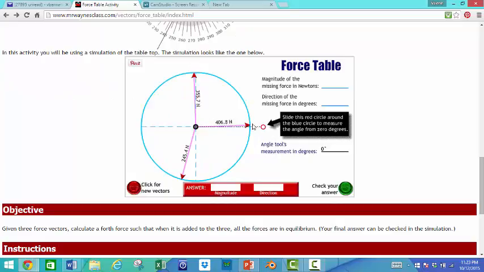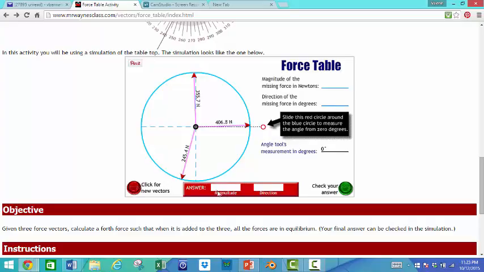It'll essentially be three forces at different orientations, and we must find the missing vector that would put these forces in equilibrium. So everyone will be given different forces, and over here is what we will need to look at.